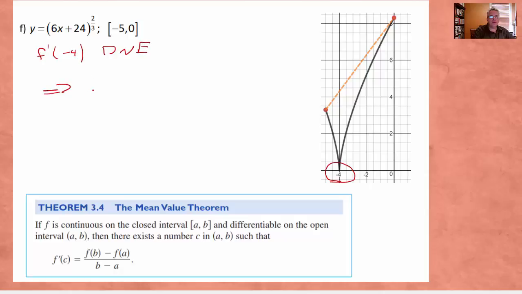Therefore, the mean value theorem does not apply, so there's nothing we can say. We can't do anything. How about that? We have to make sure the conditions for a theorem are met in order for the conclusion to be true.